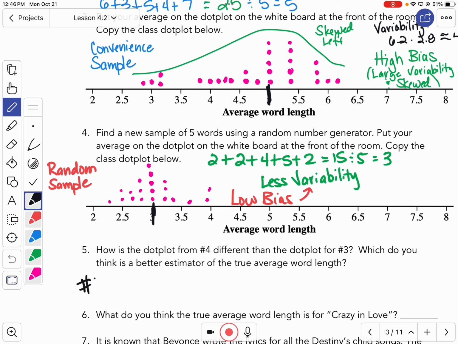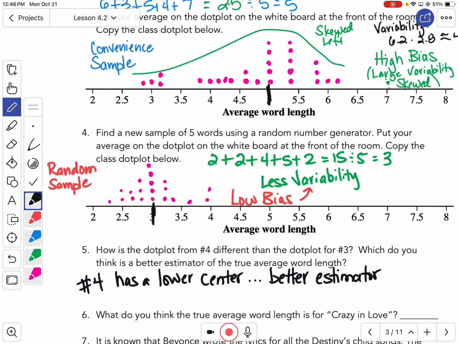So number 4 has a lower center. Okay. Has a lower center, and that makes it a better estimator. Okay, so the lower the center, you're going to get a better estimator there of your data.